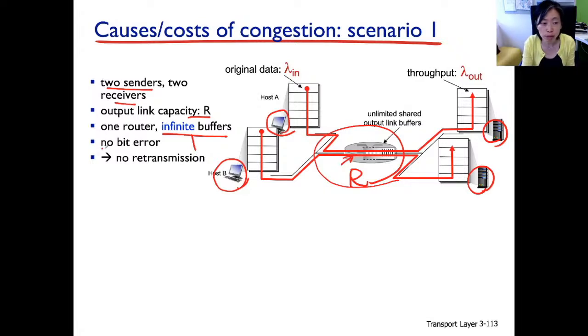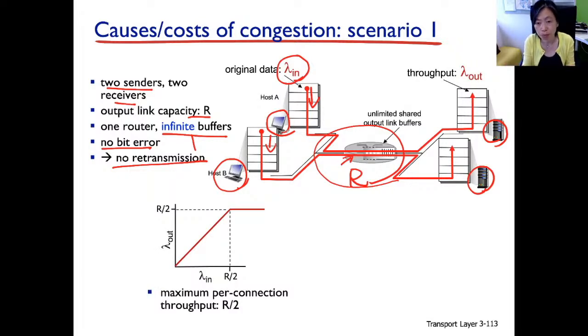Now let's assume that there's no bit error, therefore there's no need for retransmission because there's no packet drop and no bit error. Now let's use lambda_in to denote the rate at which host A and host B are injecting data into the network. So host A and host B are raising the rate as time goes.